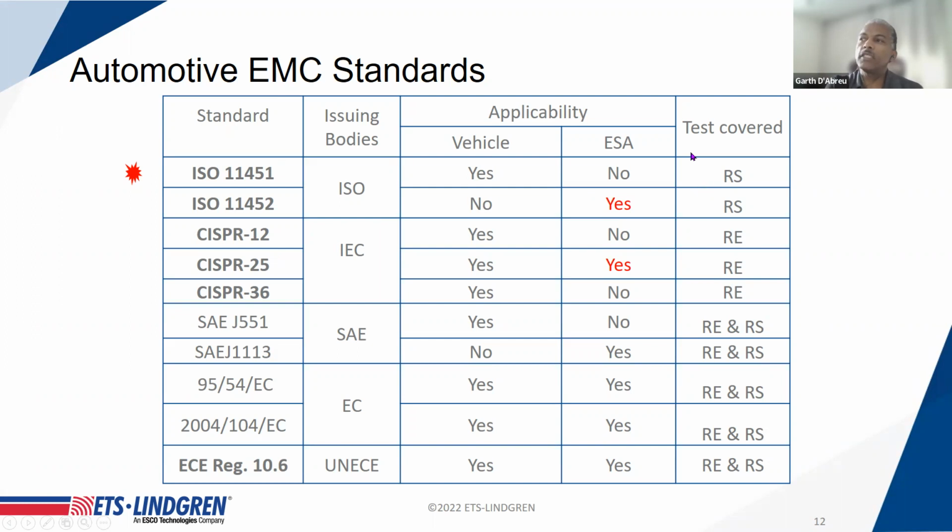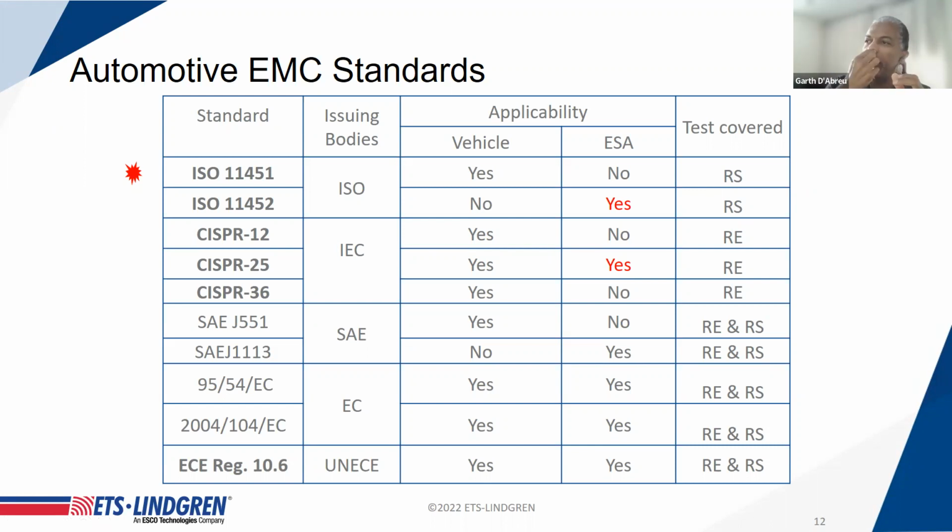In both cases, the recommended environment is a shielded enclosure with absorber lining to limit or reduce reflections within that environment. On the other side, where we have emission standards, we've got CISPR 12 associated with full vehicle emissions, again performed in an absorber-lined shielded enclosure or on an open air test site, or OATS.